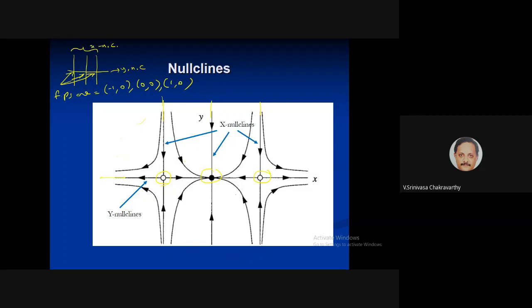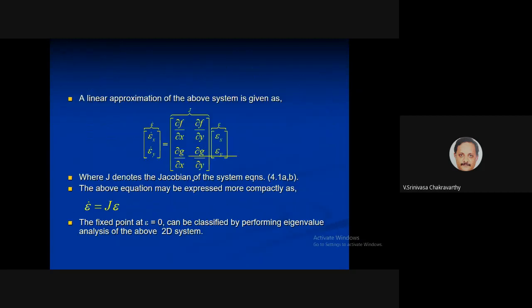So you got 3 fixed points, right? How do you find what kind of fixed points they are? For each of them, you have to find the Jacobian, the linear version of it. Then how do you find stability? Anybody?